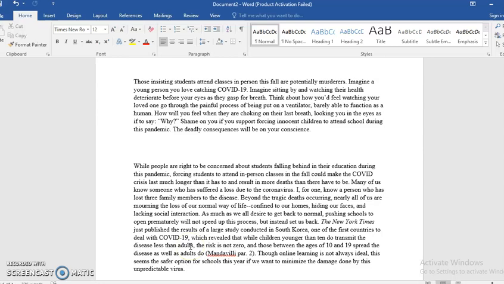But giving these statistics, results of this study, that's giving logical support to my argument, right? Again, in the beginning and the end of this paragraph, I'm making my claims and making it clear that I don't think that schools should reopen in the fall.